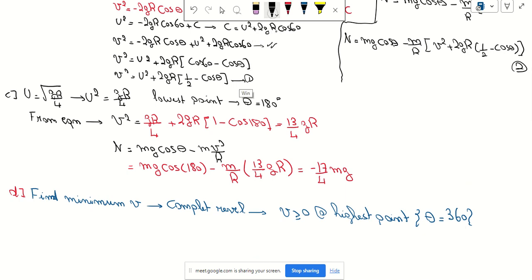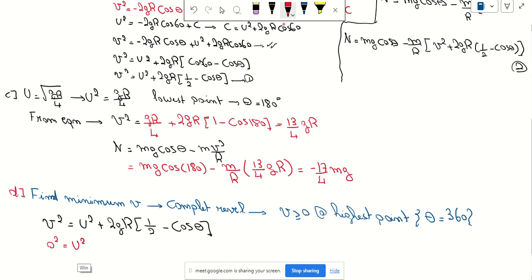V squared is equal to U squared plus 2gr times half minus cosine theta. Let's substitute. We are solving for V equal to 0, the minimum condition, so 0 squared is equal to U squared, which is the one we are looking for, plus 2gr times half minus cosine 360.